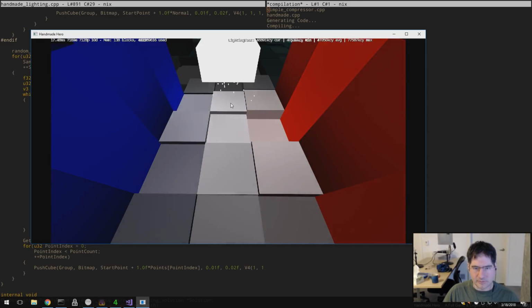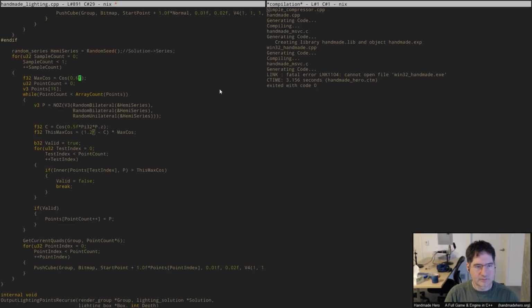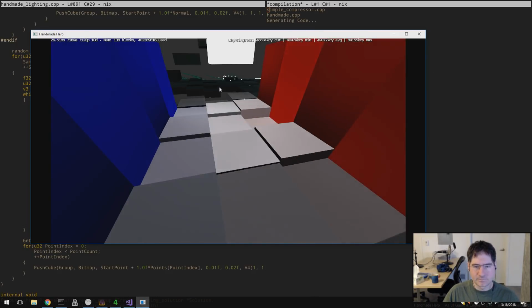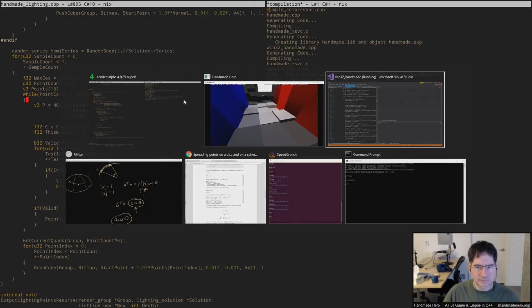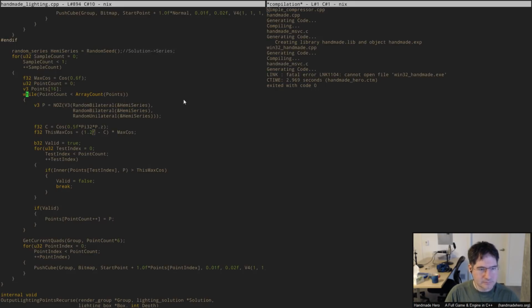This doesn't seem to be producing much repulsion here. So clearly this is not falling off the way that I think it should be.